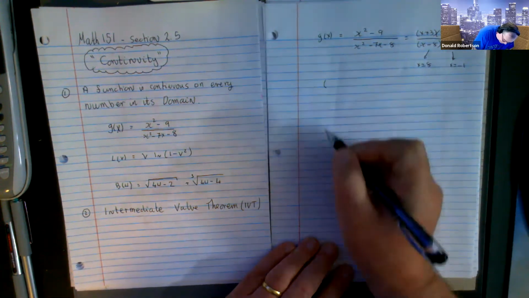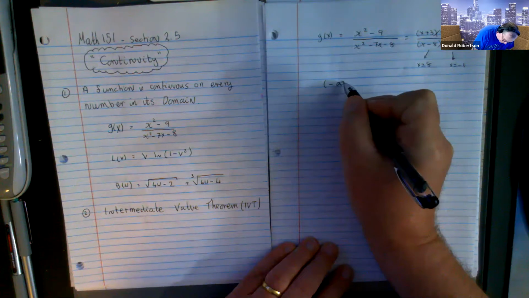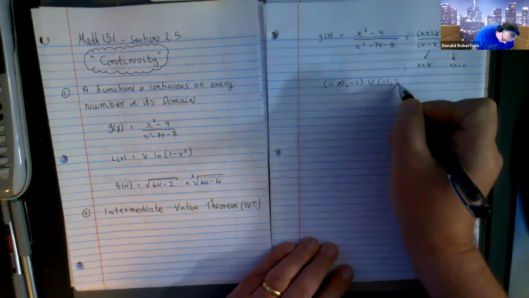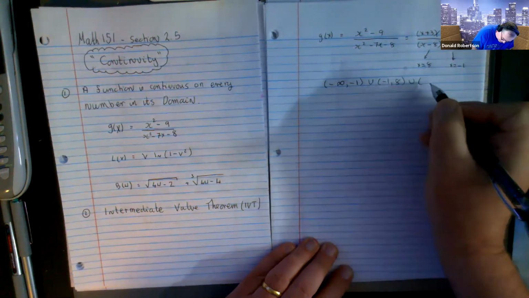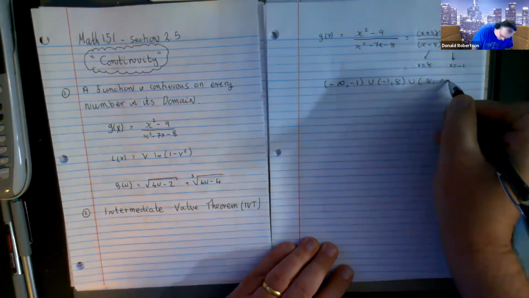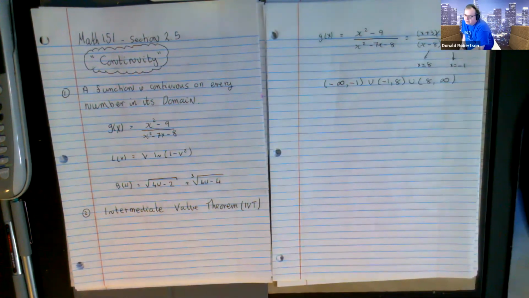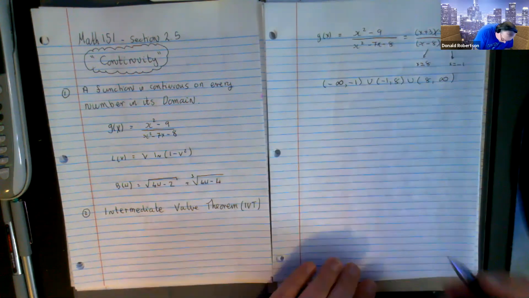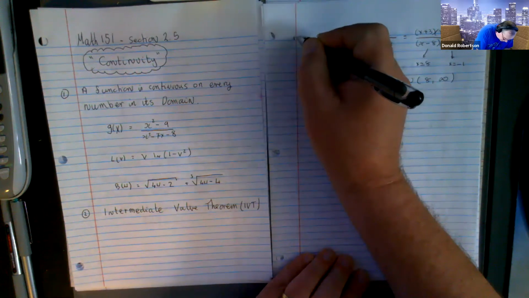In interval notation, that becomes -∞ to -1, then -1 to 8, and then finally 8 to infinity. Are we comfortable with that question? Find the bad guys on the bottom, and then just don't use them. In this case, don't use -1 and 8. So I'll call that question A.